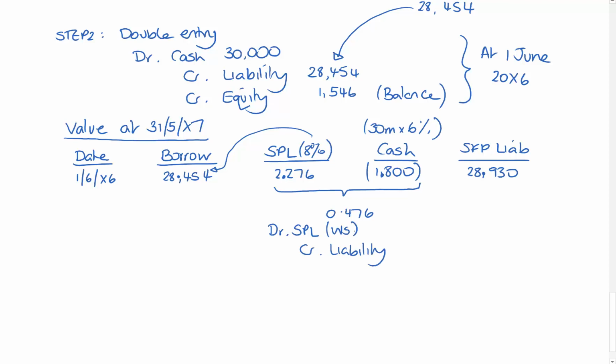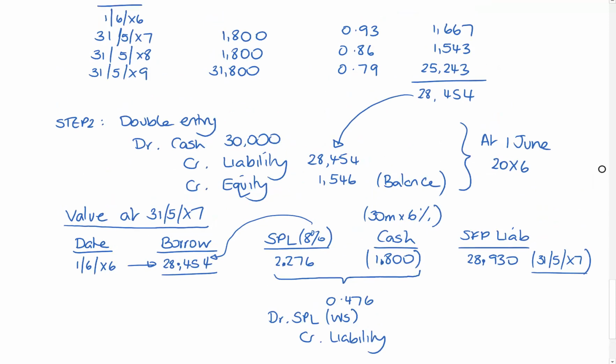Well, the statement of profit and loss flows through into retained earnings, doesn't it? This date is the 31st of May, X7. We borrowed, yeah. The start of the year is X6. The end of the year is X7. This is our timeline over the year. The figures that we charge to the statement of profit and loss are the figures for the income statement or the statement of profit and loss for the year ended the 31st of May X7.